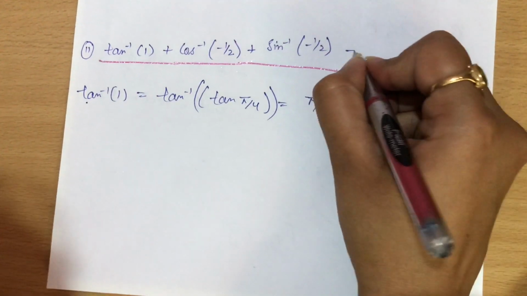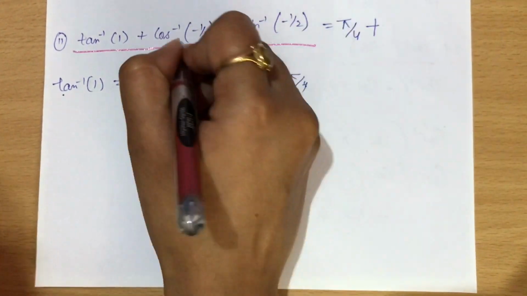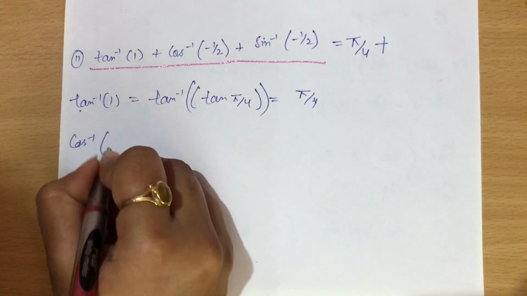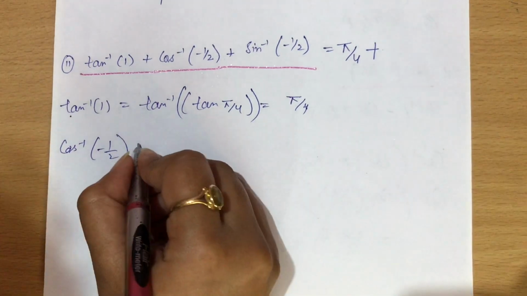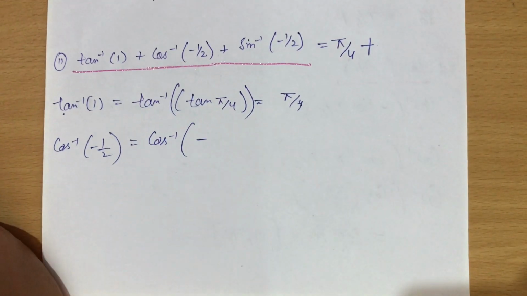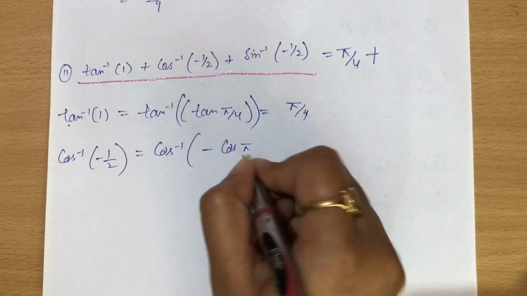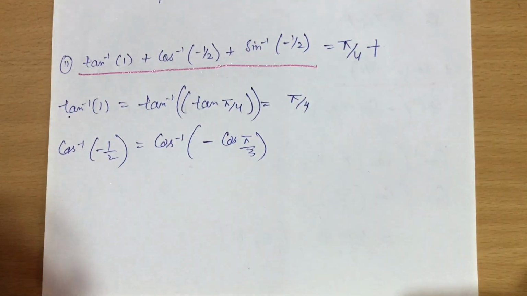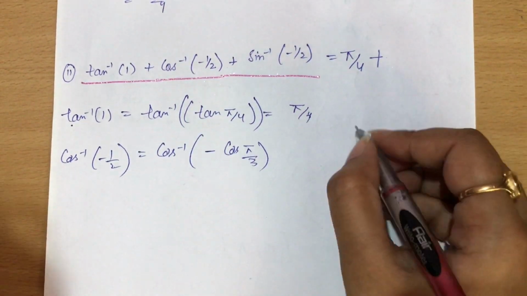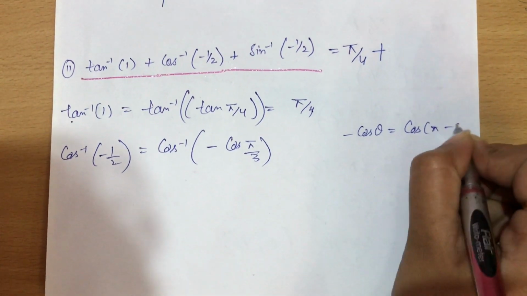So there is pi by 4, plus second is cos inverse of minus 1 by 2, right? So this is cos inverse of minus, and 1 by 2 in terms of cos is cos pi by 3, right? But students, you know that minus cos theta you can write as cos pi minus theta.